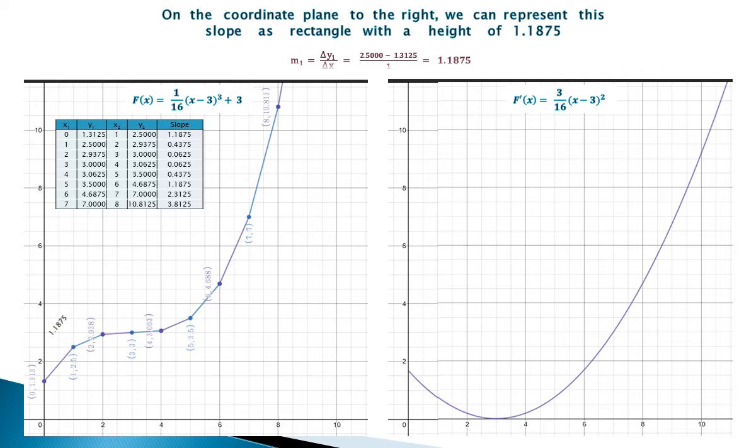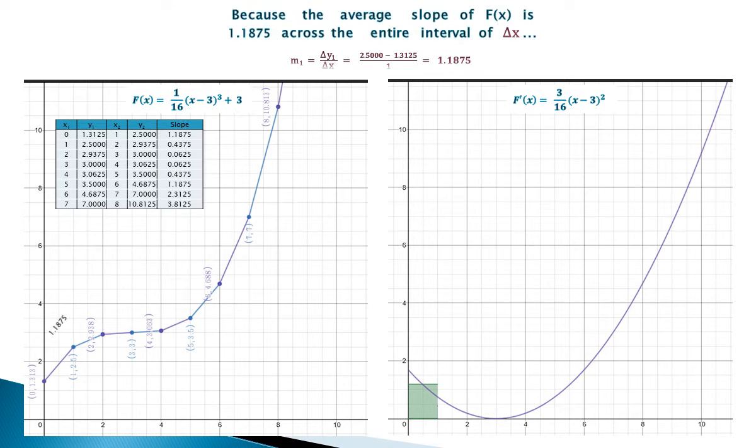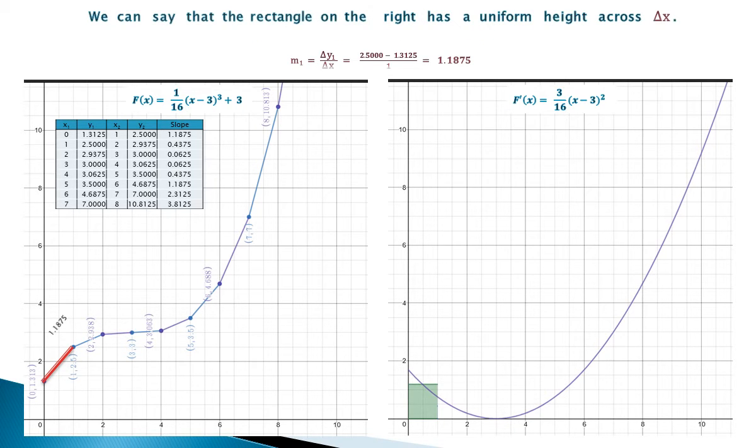On the coordinate plane to the right, we can represent this slope as a rectangle with a height of 1.1875. Because the average slope of f of x is 1.1875 across the entire interval of delta x, we can say that the rectangle on the right has a uniform height across delta x.